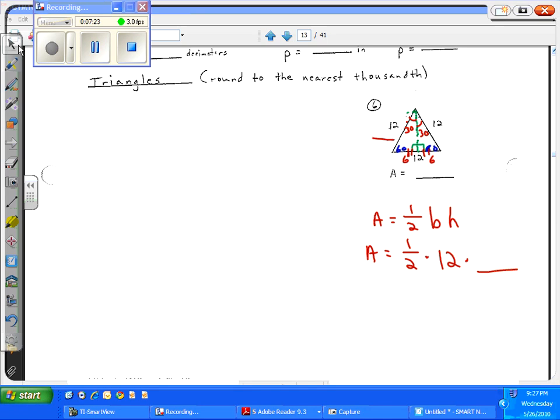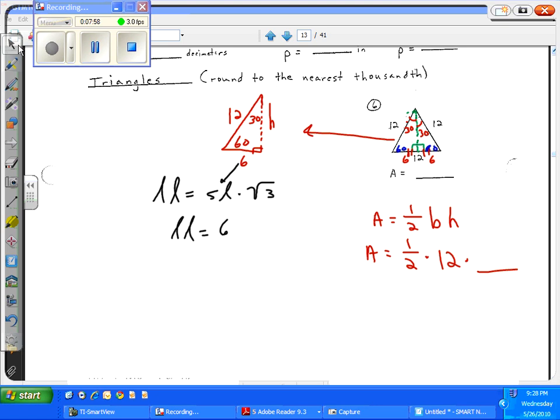So if I extract that triangle, then this is my height. That's a right angle. This is 6. This is 12. This is 60. This is 30. I can either use the Pythagorean theorem or my 30, 60, 90 triangle rules. I'm going to use my 30, 60, 90 triangle rules. Long leg equals short leg times the square root of 3.